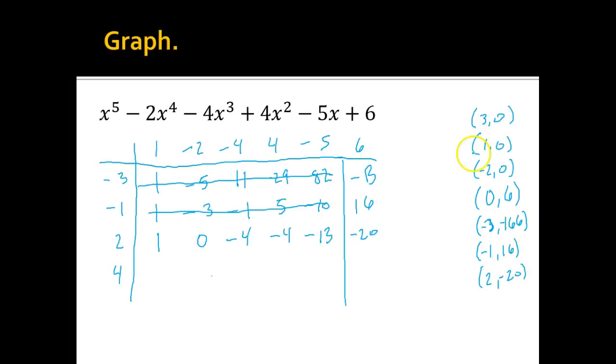But we know when x equals 3, it goes back up to 0. So it's going to go down to negative 20, but then turn around and come back up to 0 when x equals 3. And where's it going to go when x equals 4?